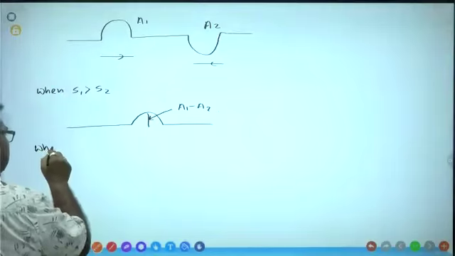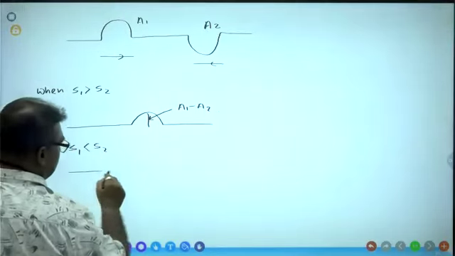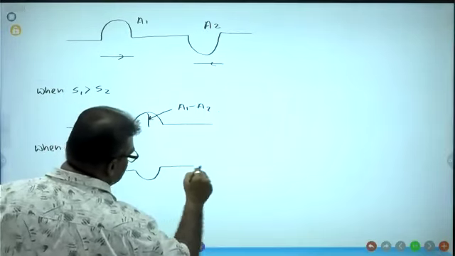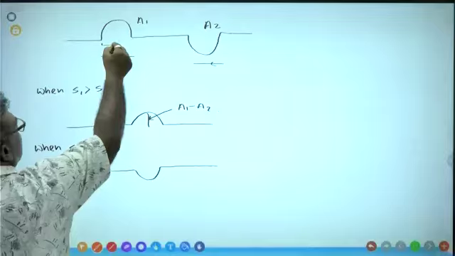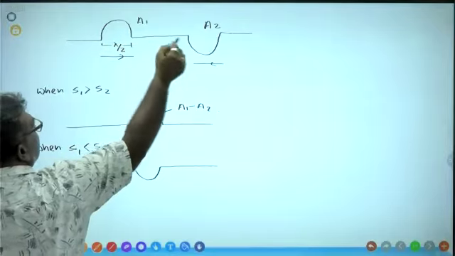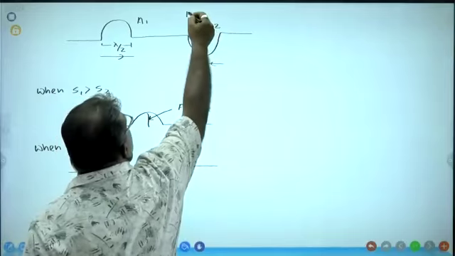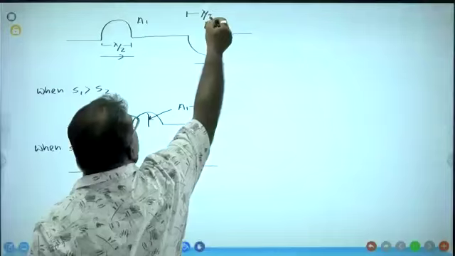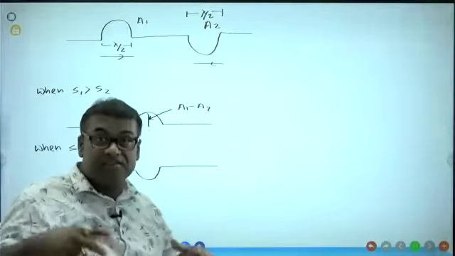And here, when A1 is smaller than A2, then we can see this kind of one. But this one is half of the wavelength, no? To demonstrate constructive or destructive interference, the wavelength should be the same. The wave properties are the same, only the amplitude is different, so only the energy is different.